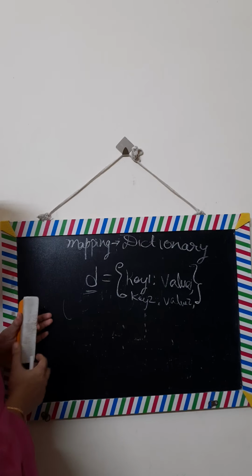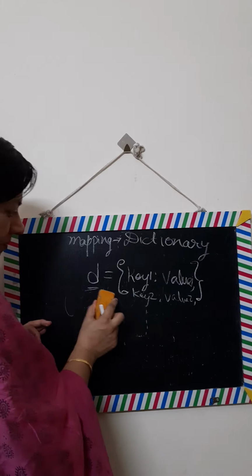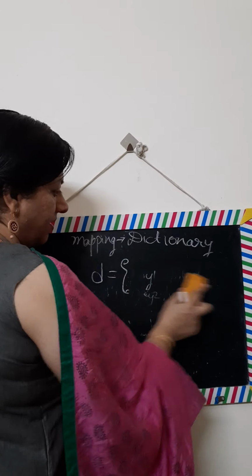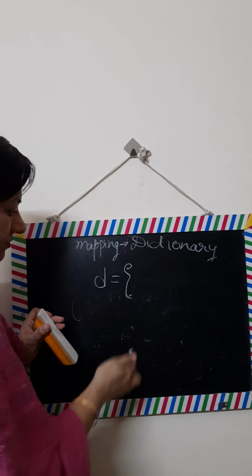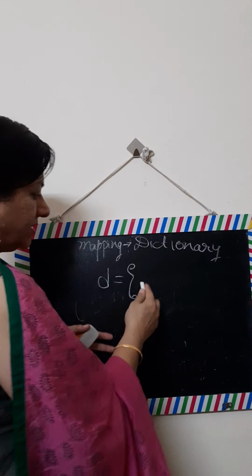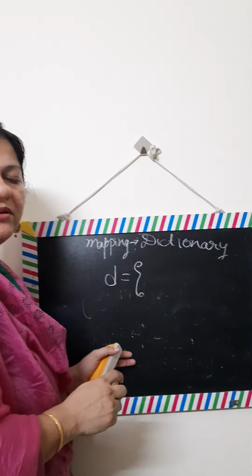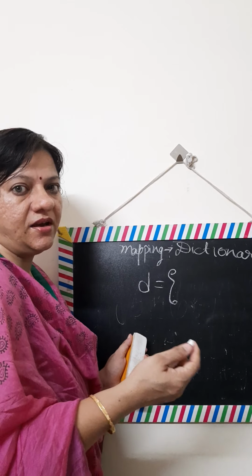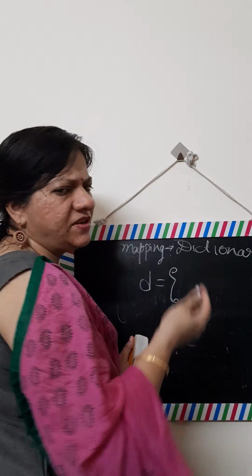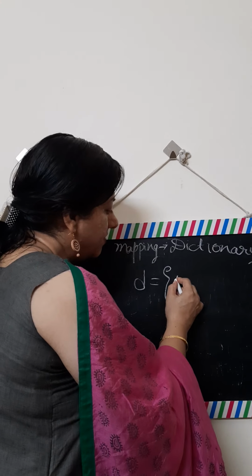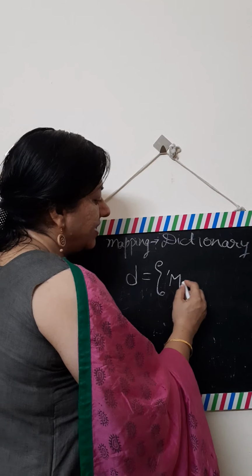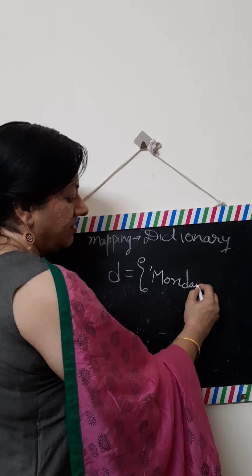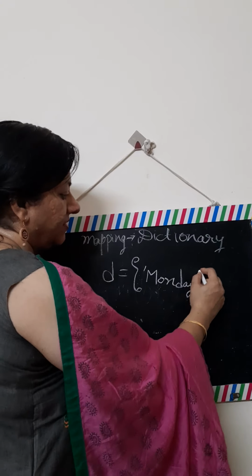Now if I take a proper example of this, let's suppose I say Monday. I'm just giving it randomly. Whenever I say Monday, I want the value as moon.